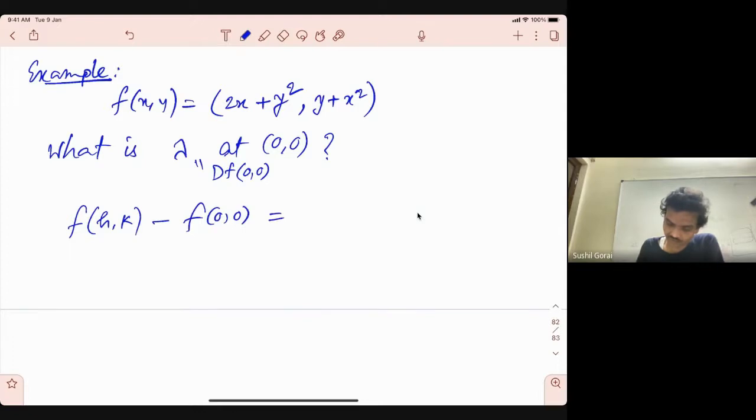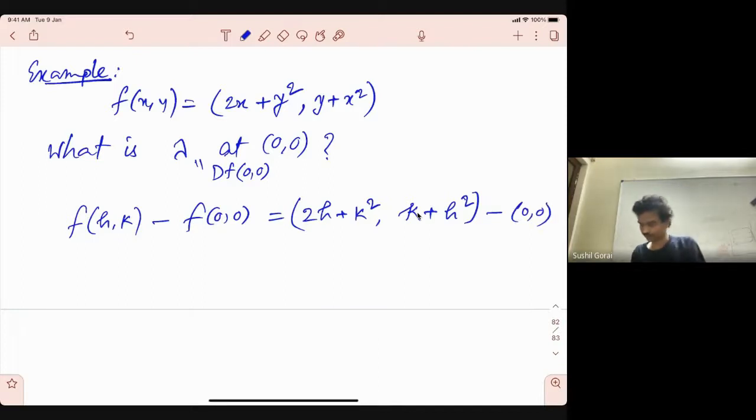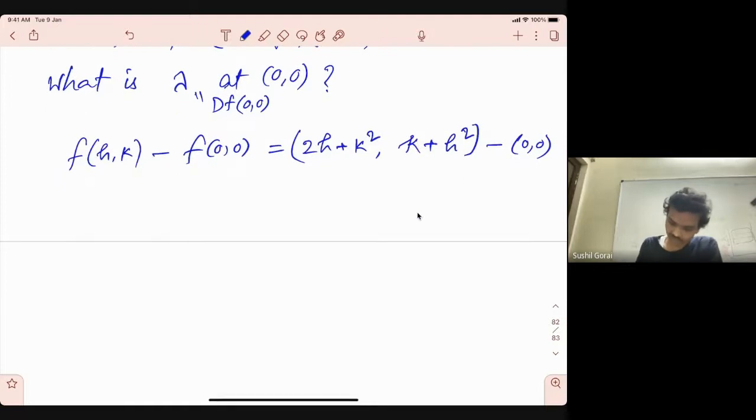This is (2h plus k squared, k plus h squared) minus (0, 0). Now this is the same as (2h plus k squared, k plus h squared).